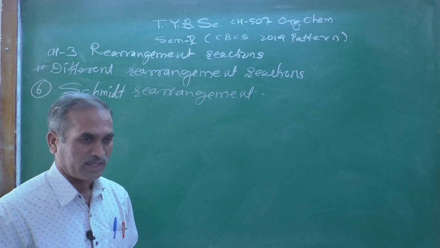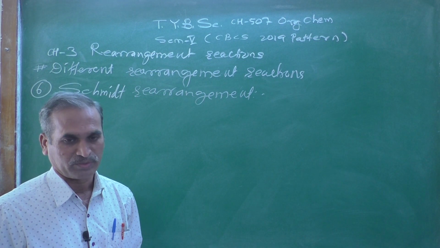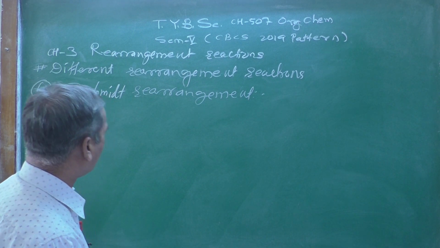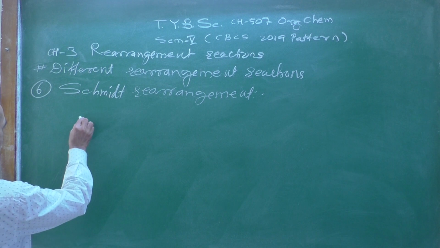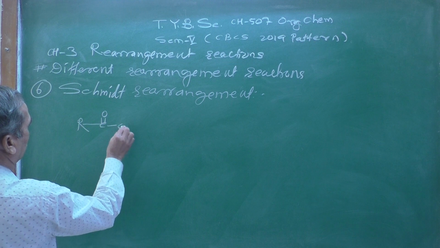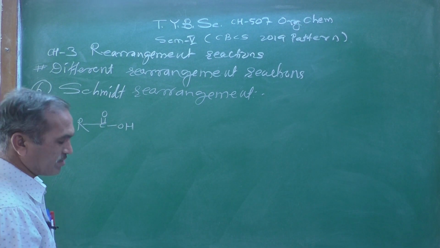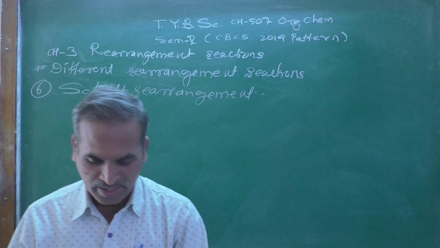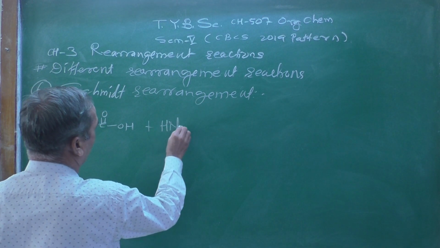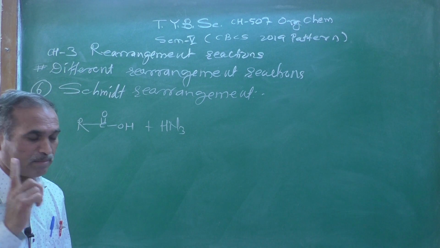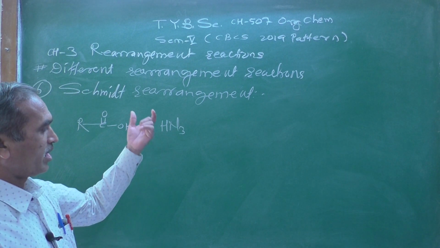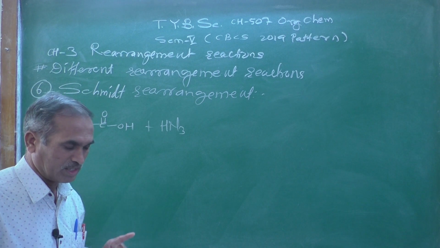Let us represent whatever we said in the definition. The starting material they have chosen is a carboxylic acid, and that carboxylic acid is treated with HN3. Remember, most of the students get confused here.